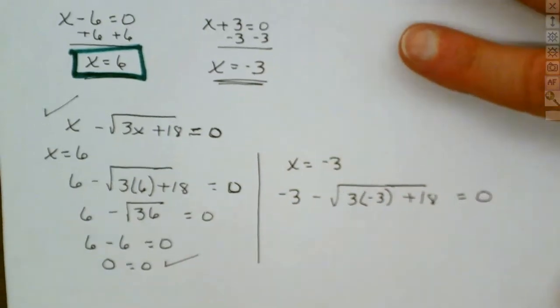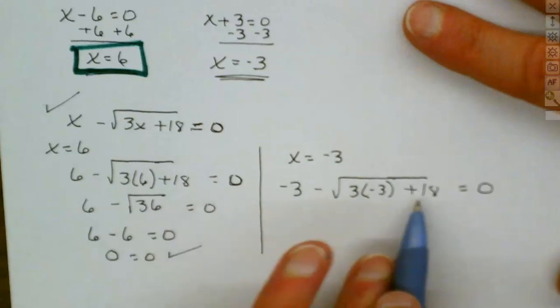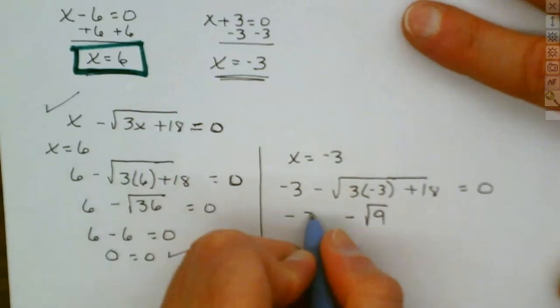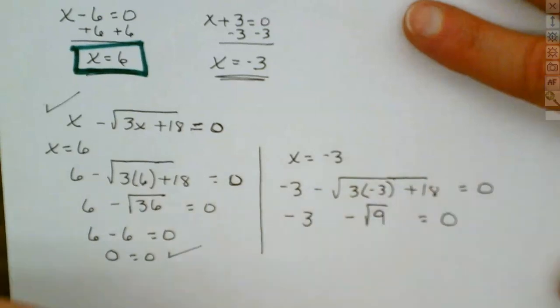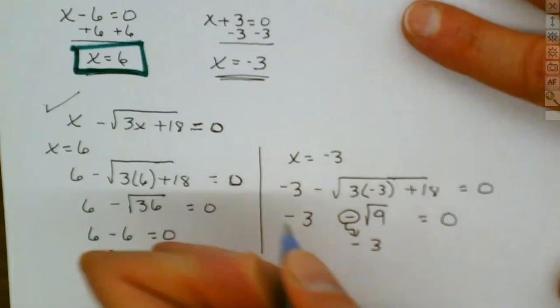Watch your signs because this one is not going to work. 3 times a minus 3, that's a minus 9. Minus 9 plus 18 is 9. So always be careful with your signs. Square root of 9 is 3. Now that negative is going to come down.